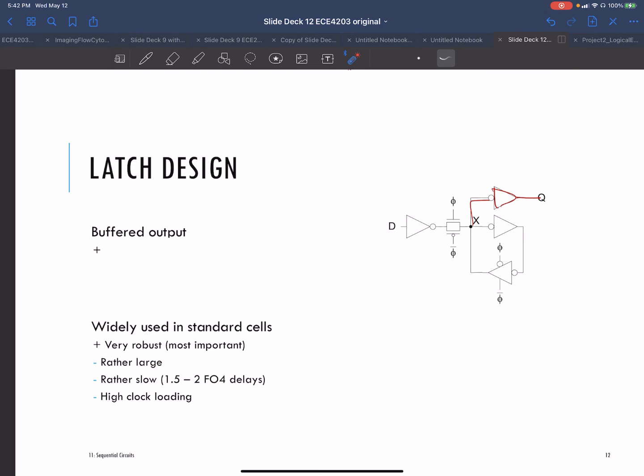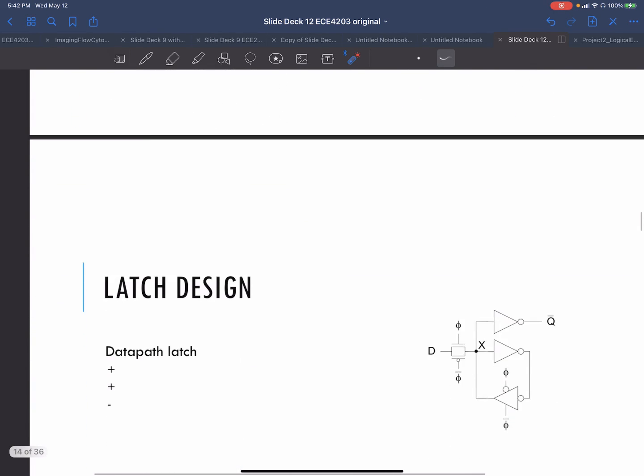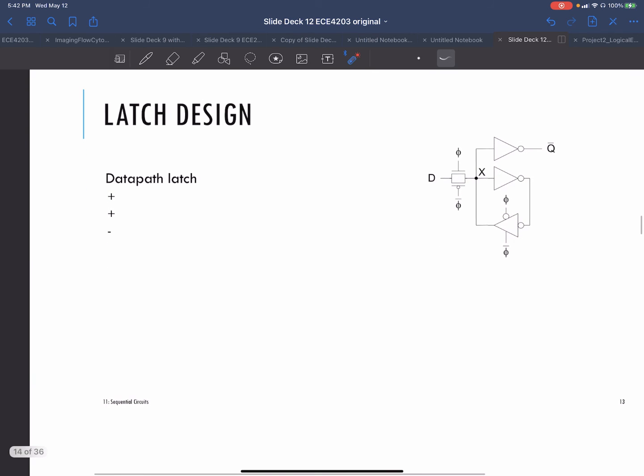It's got a certain amount of delay because this inverter is driving a bunch of stuff to begin with. And the clock is driving two NMOS gates, and the clock bar, which is part of the clock network, is also driving two gates. So it's got a significant amount of clock loading. Okay, so people sometimes back off of that for data paths, etc. But you guys get the idea.